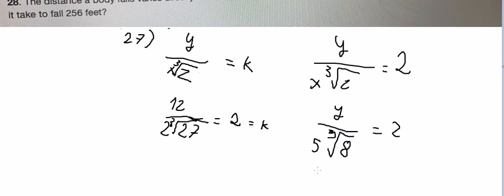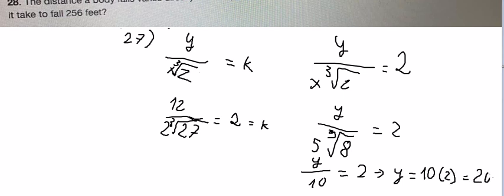So this one, you get y over 10 equal to 2. And we get y equal to 10 multiplied by 2. So you get 20. And this is the answer.